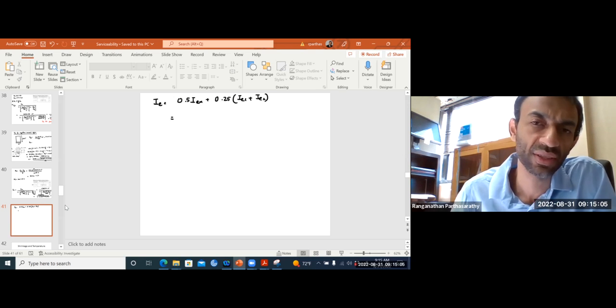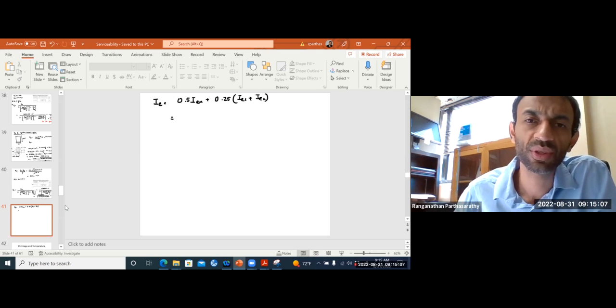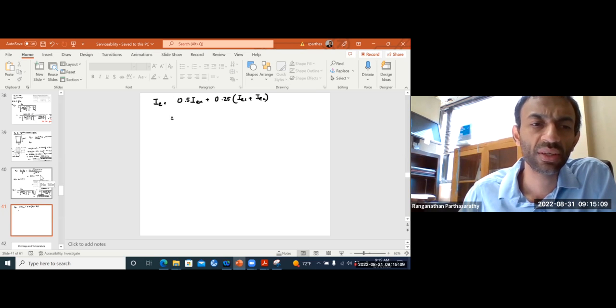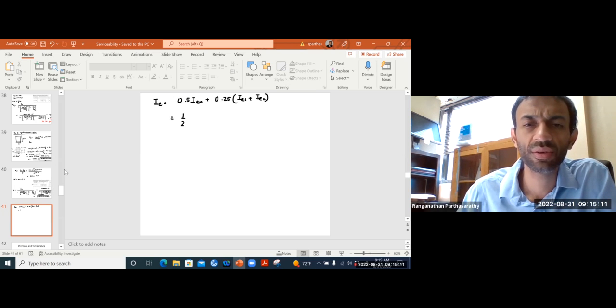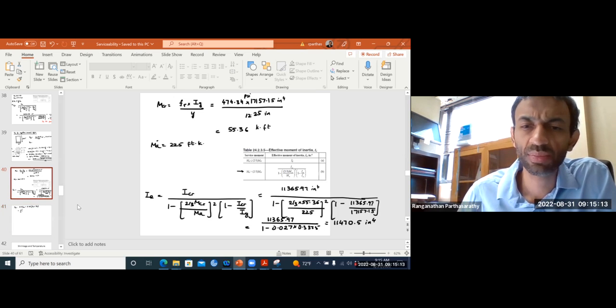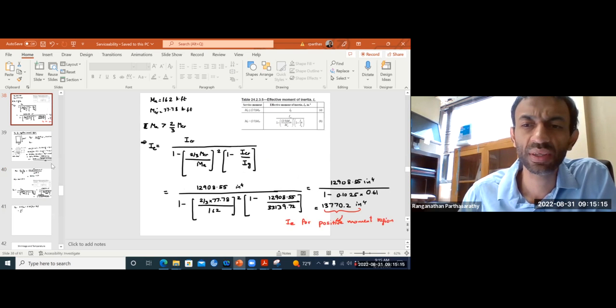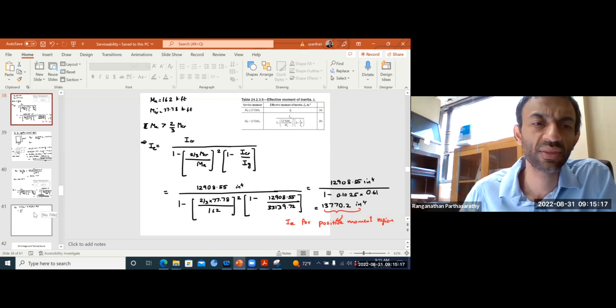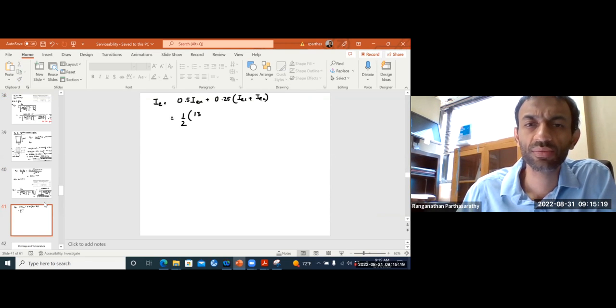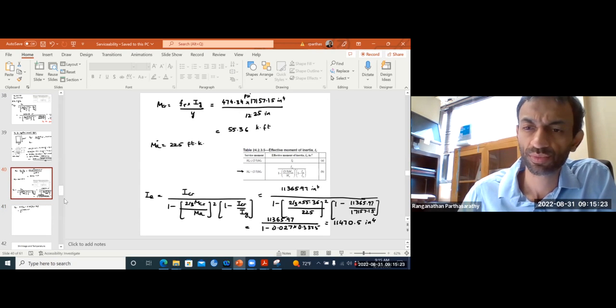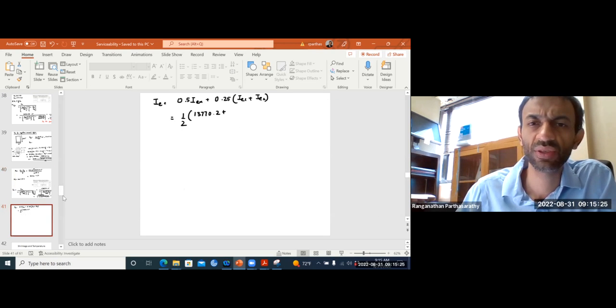Basically, it's an average. So since both are same, it's an average. So you have 1/2 of, so your midspan positive moment region is 13770.2 plus 11470.5.